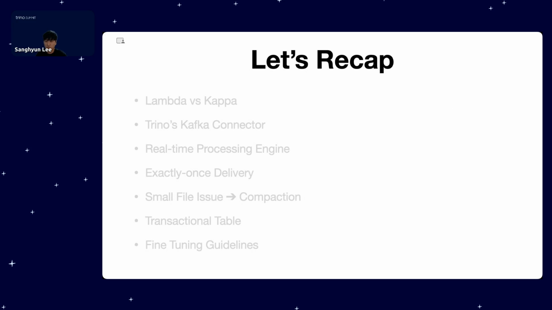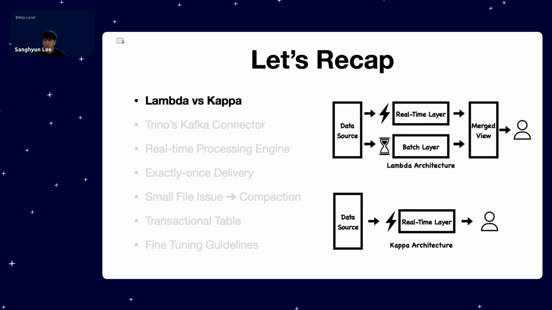Before we wrap up the presentation, here's a quick recap of what we have covered so far. In the beginning, we compared two real-time data architectures, Lambda and Kappa. Lambda architecture is unnecessarily complex and it is not suitable for modern real-time data architecture. So we chose Kappa architecture.